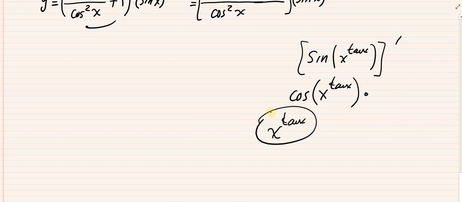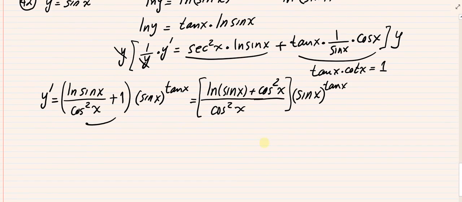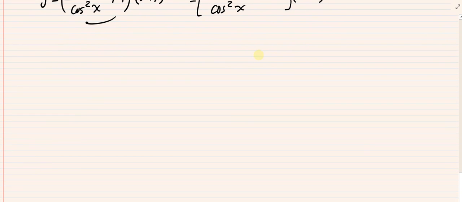To do this one itself, we're going to have to do logarithmic differentiation. Call that y. So you do ln of y equal to tan x ln of x, and then proceed. Anyhow, I don't think that's what they have in mind, because that would be a little more complicated. Okay, we are done with number 42.